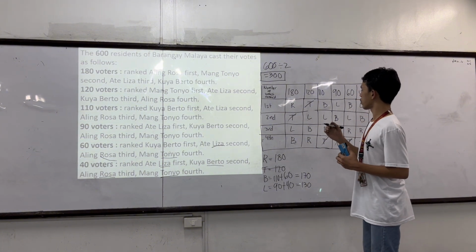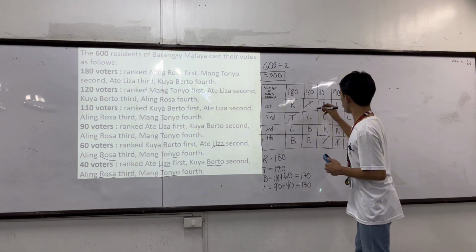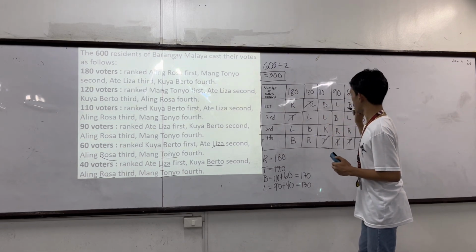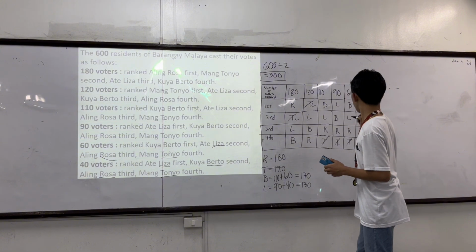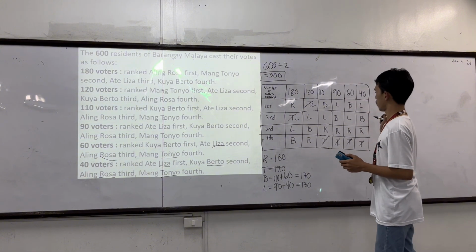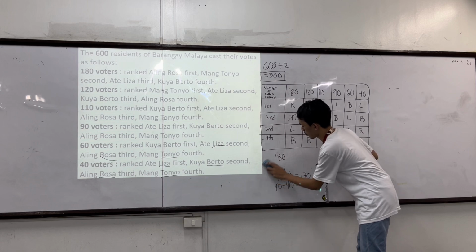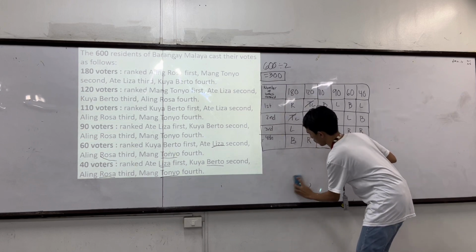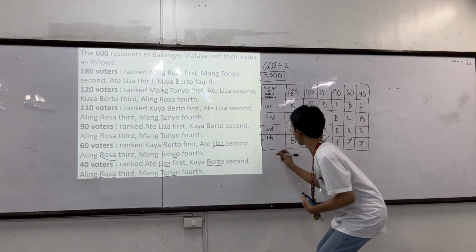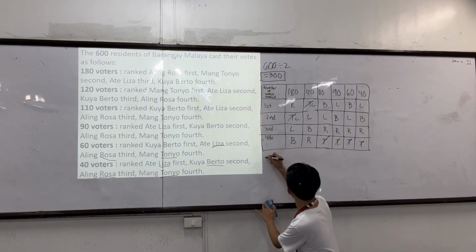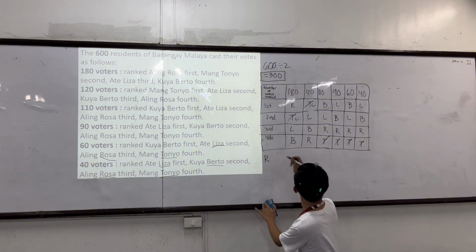So Mang Tonyo will be eliminated. So the next person after Mang Tonyo will be Ate Liza. So now let's move. So Aling Rosa, Kuya Berto, and Ate Liza.